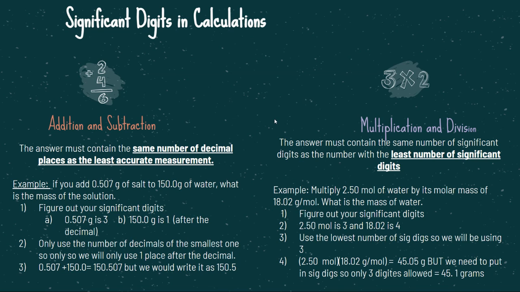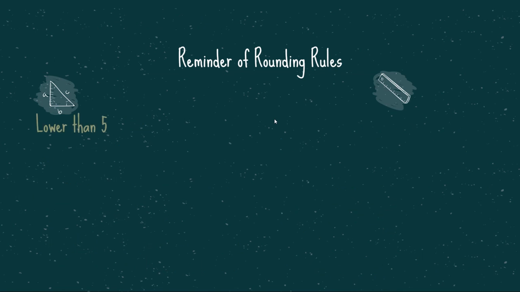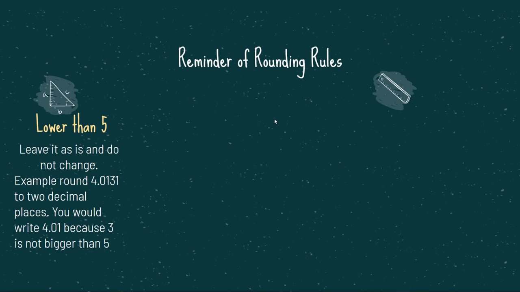What you want to do is look behind the 5, the 0.5. There's a 0 and a 7. I want to know if I need to round that 0.5 up or leave it as is. Behind the 5 is a 0, so because it's lower than a 5, I leave it and I don't change it.